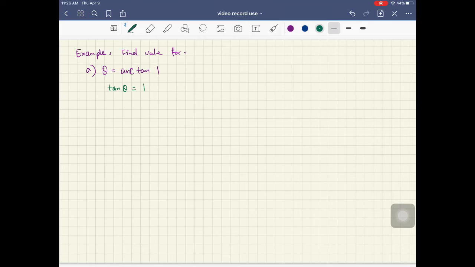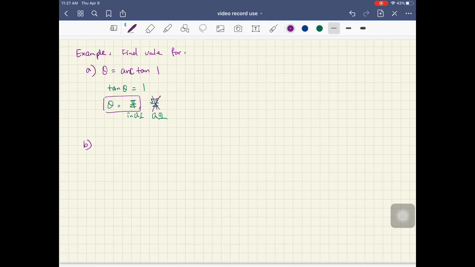So that tells me theta is possibly equal to pi over 4 in quadrant 1, or 5 pi over 4 in quadrant 3. But since the range for tangent inverse is between negative pi over 2 and pi over 2, we cannot have 5 pi over 4. So pi over 4 is the answer.